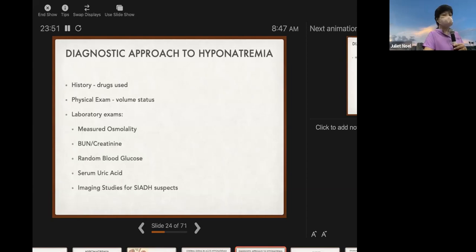So those are the things that you would have to look for. And for laboratory exam, you can measure osmolality or the computed osmolality, then BUN and creatinine. Usually the ratio is 1:10 to 1:15. So if your crea is 1, usually the BUN is between 10 to 15.